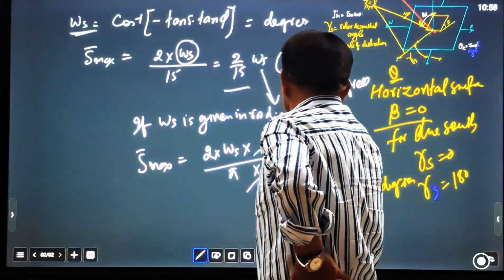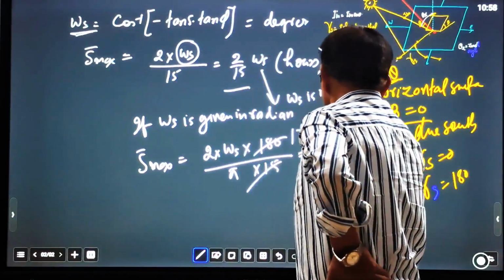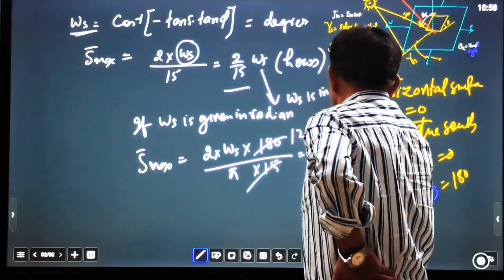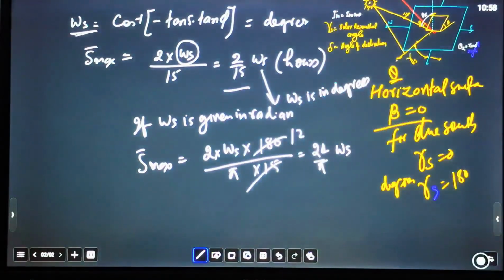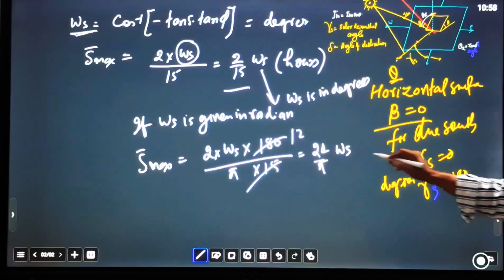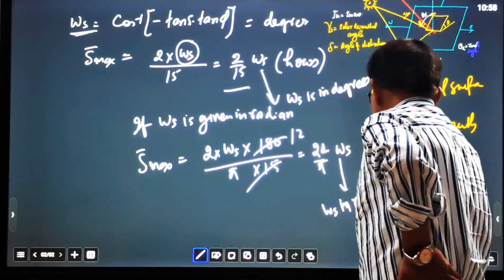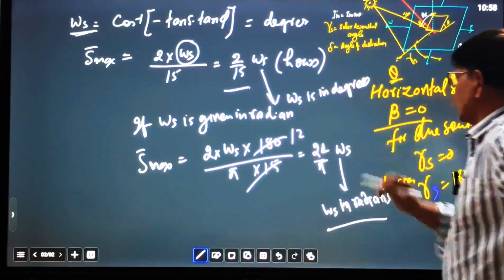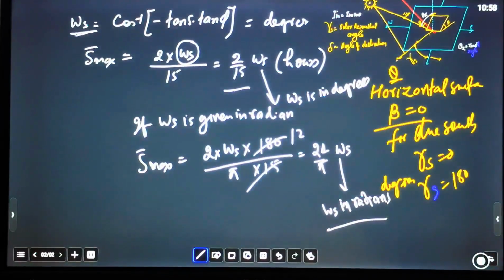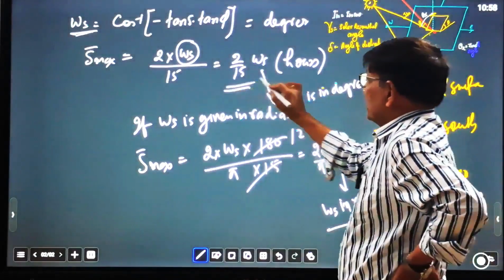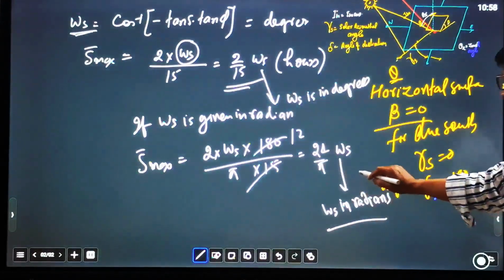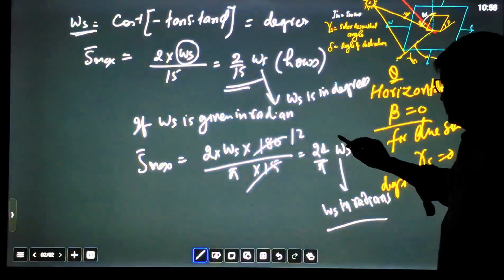This becomes 24 by pi omega s, where you have to express omega s in radians. If omega s is given in degrees, use the first equation. If omega s is given in radians, use this equation.